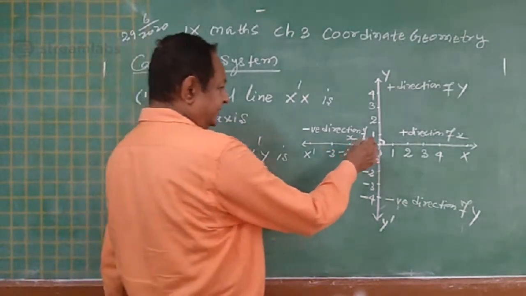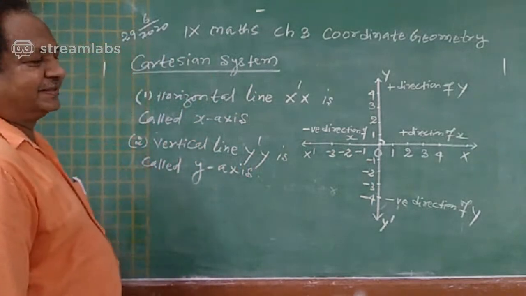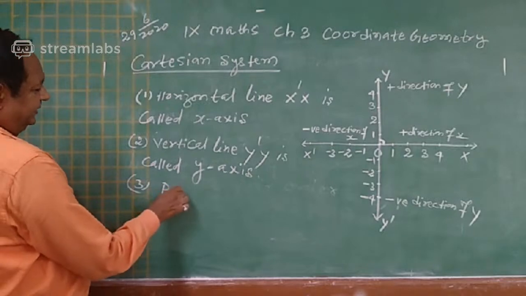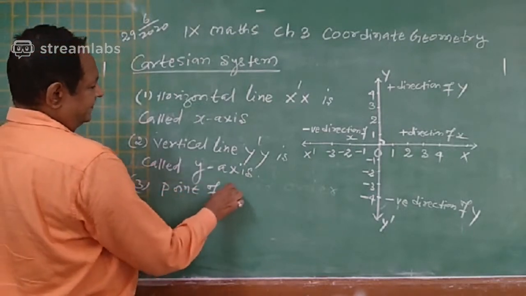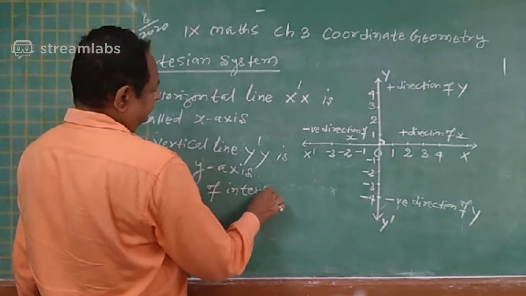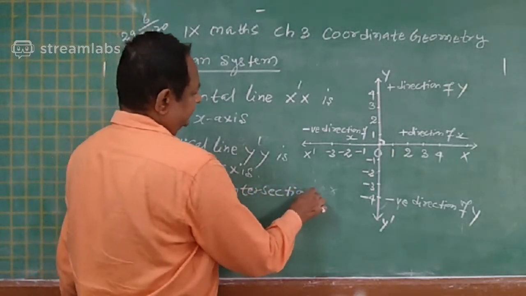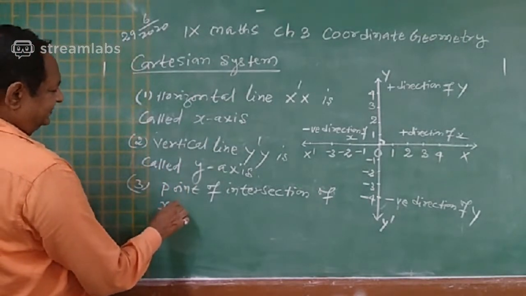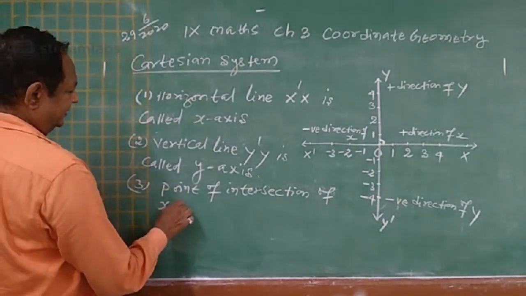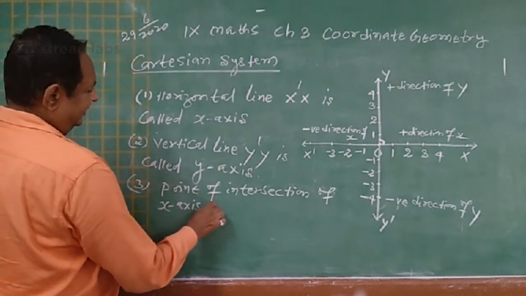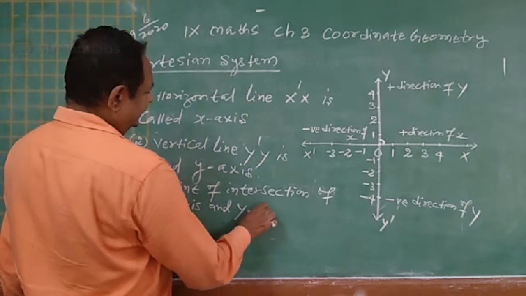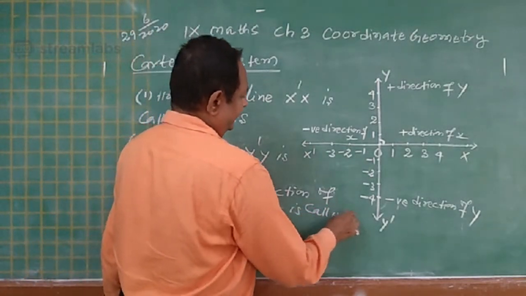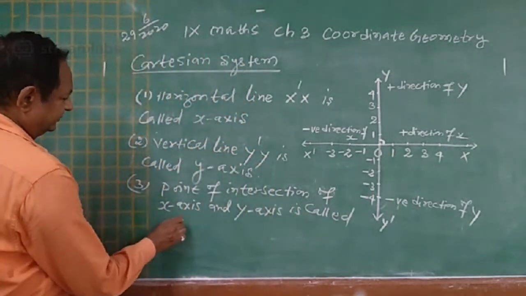And the point of intersection of these two axes, the x-axis and y-axis, is called the origin.